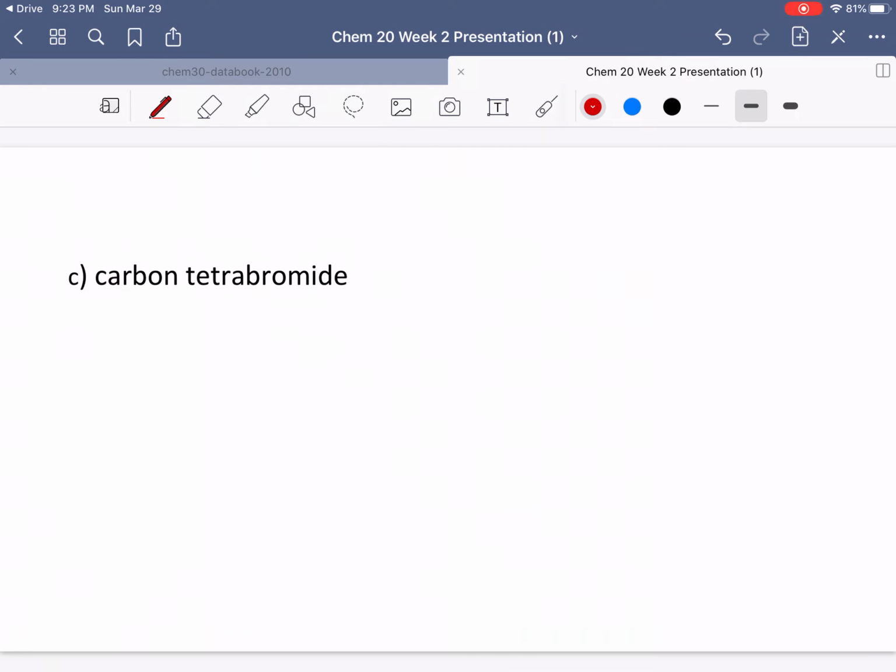Carbon tetrabromide. Take note, we got a prefix in front of the bromide, so this is a molecular compound. So we're not looking at charges, we're looking at prefixes. 1 carbon and 4 bromines put on there, okay? And we want the molar mass of it. Equals, well, same thing.